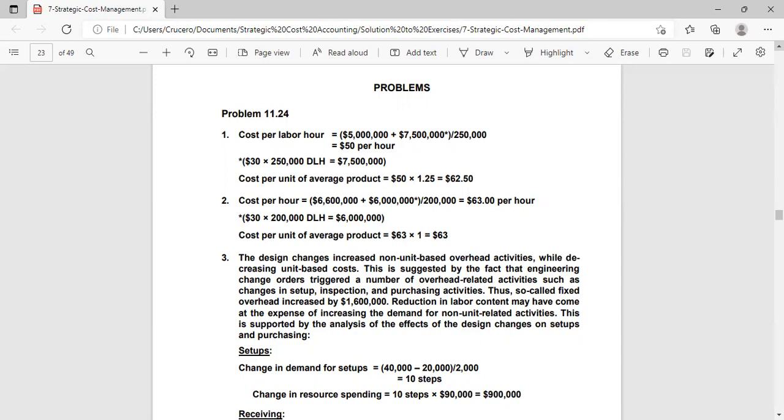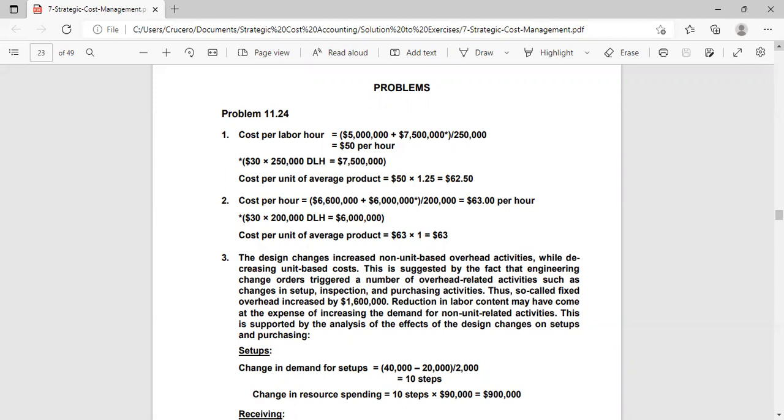This rejected design increased direct labor content from 250,000 hours to 260,000 hours, decreased the demand for setups from 20,000 to 10,000 hours, and decreased the demand for purchasing from 100 component types to 75, while the demand for all other activities remained unchanged.